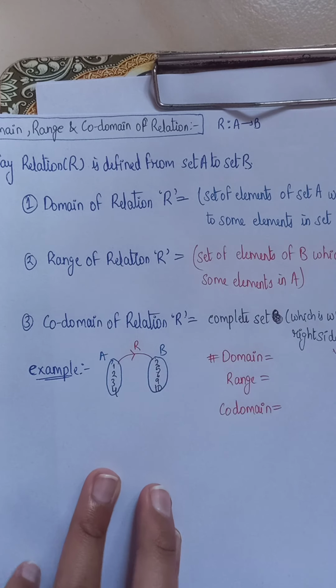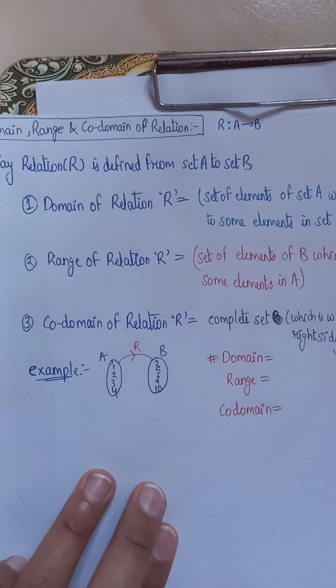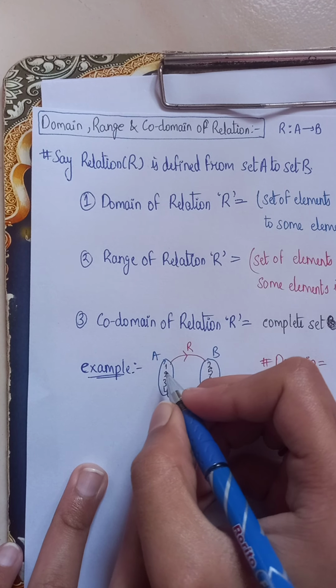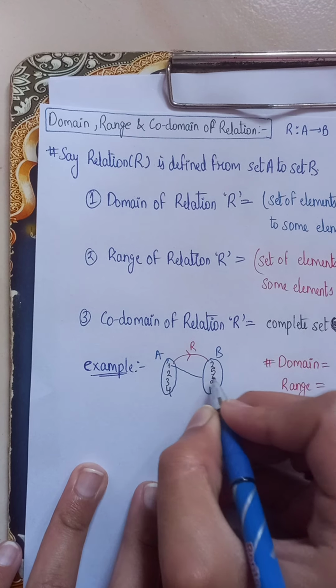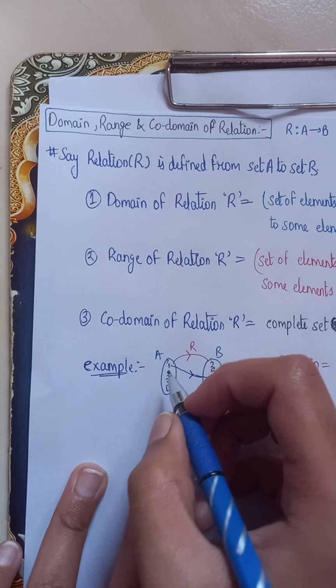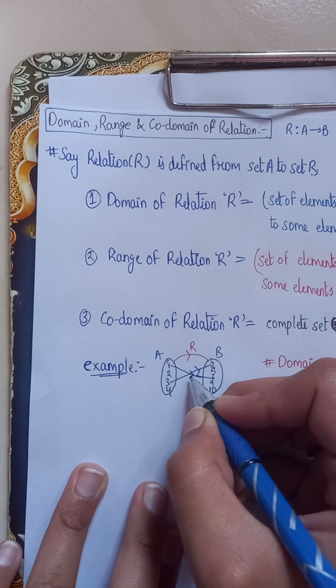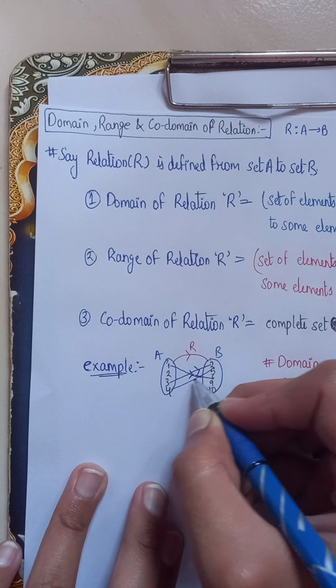This question is incomplete, so suppose 1 is related to 6, 3 is related to 2, and 4 is related to 5.